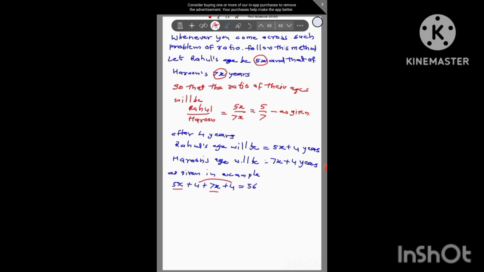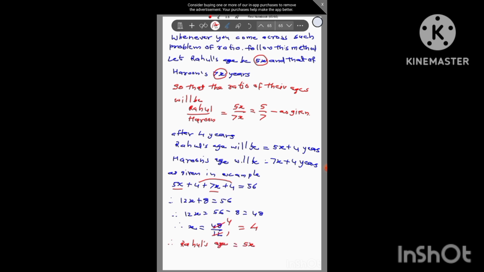Now add all the x and the constants without x: 12x plus 8 equals 56. 8 goes to the right hand side, so 12x equals 48. So x will be 48 upon 12. You divide by 12 and you get x equal to 4. Now this is the value of x.